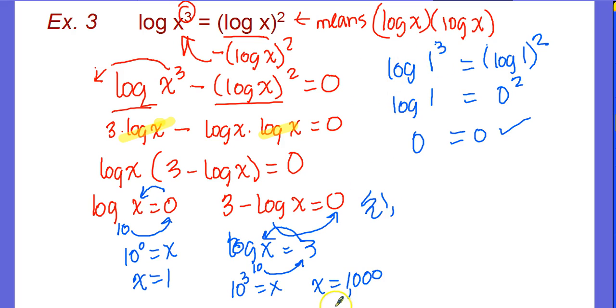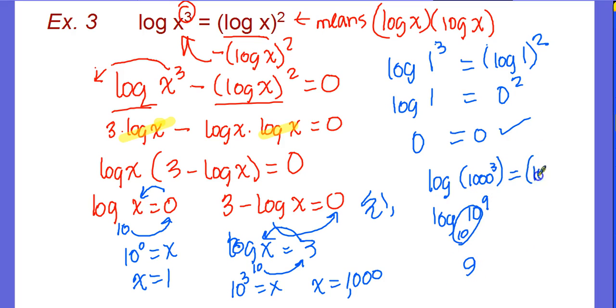And then, of course, we'll plug in the 1,000. So we have the log of 1,000 cubed. Well, you know how many zeros that has? 9, right? So that's the log of 10 to the 9th. I don't want to write 9 zeros. So that's 9.